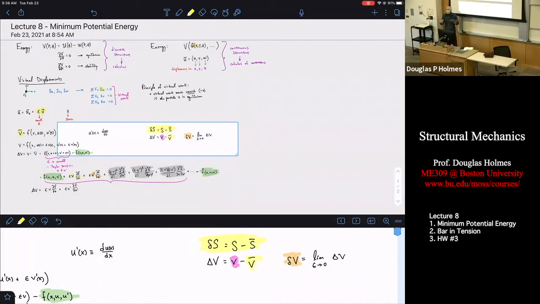We're just saying that it's a small arbitrary difference. In reality, we're saying it doesn't matter how small. So we should really be able to take this to the limit of epsilon being as small as possible. Once we take that limit, we'll get our first variation of our total potential energy.